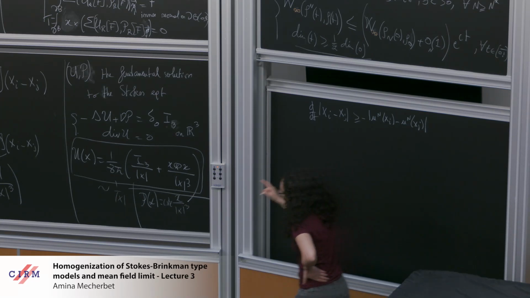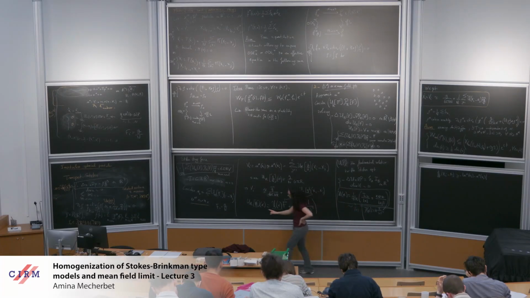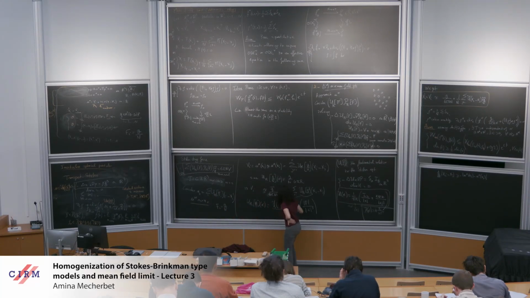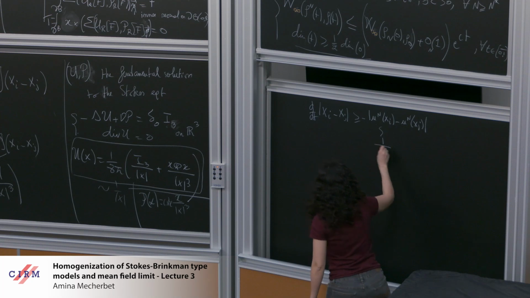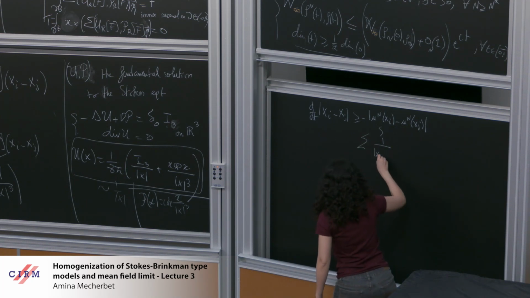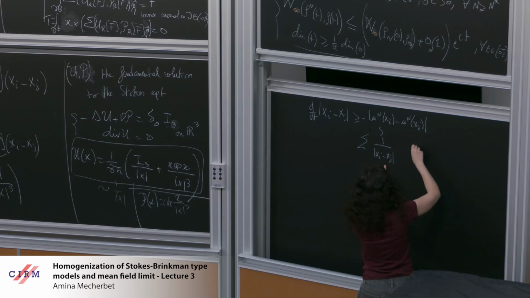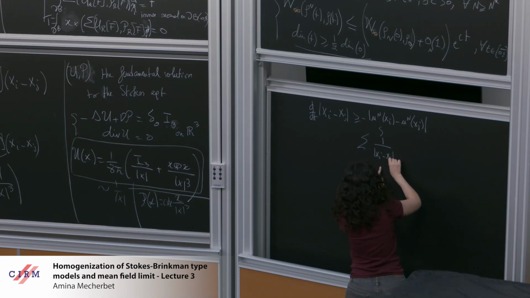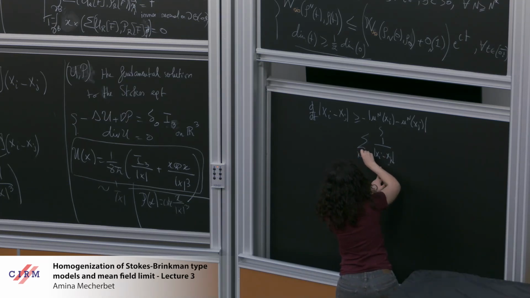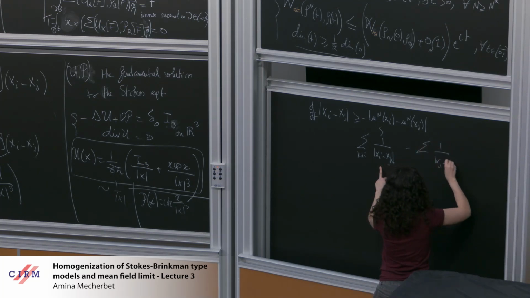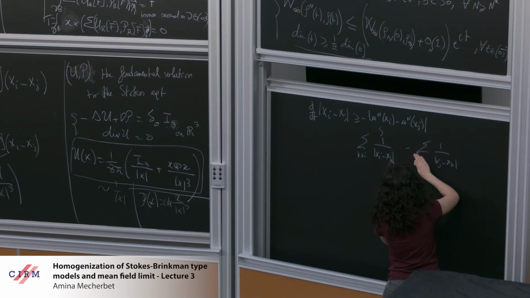And because of this approximation, you know that u_n will scale like 1 over x. So this is something like a sum over x_j minus x_i, and this is, let me put k, something like x_j minus x_k for k different from j.